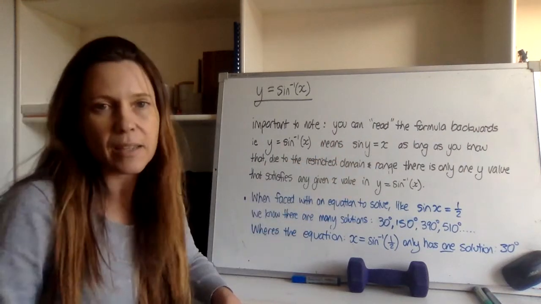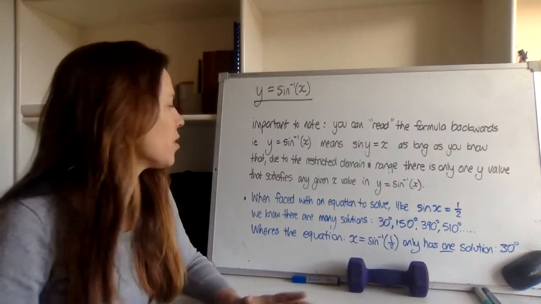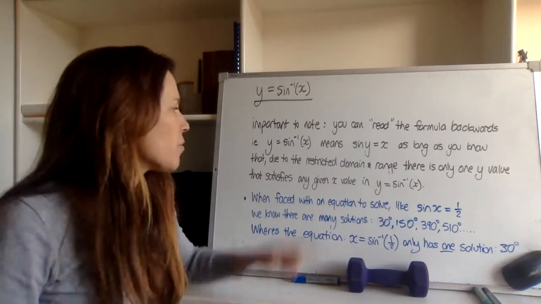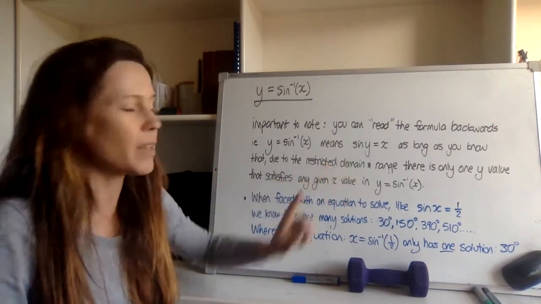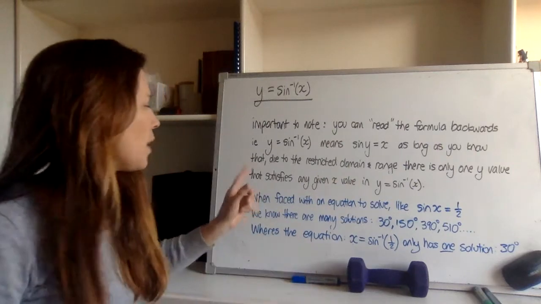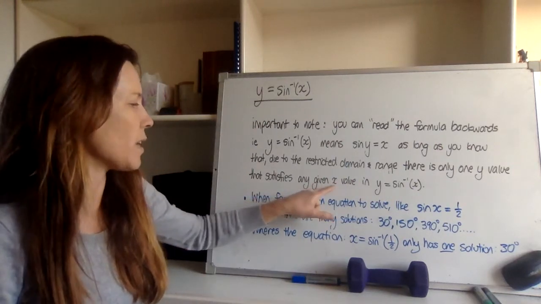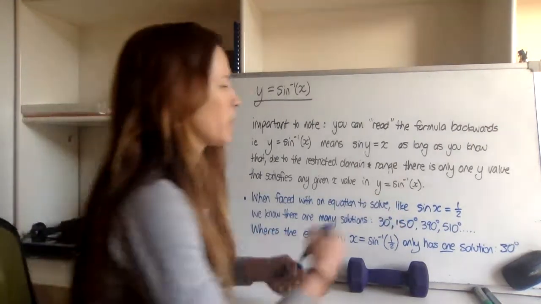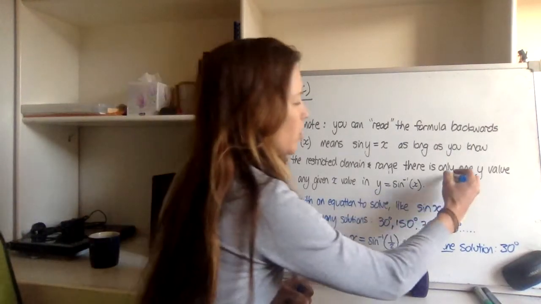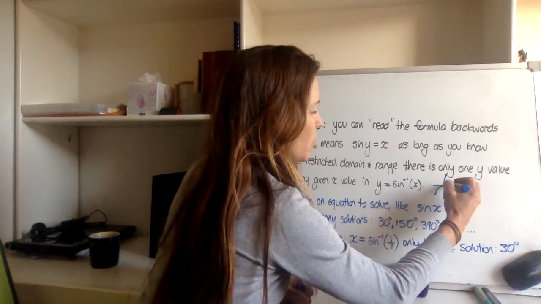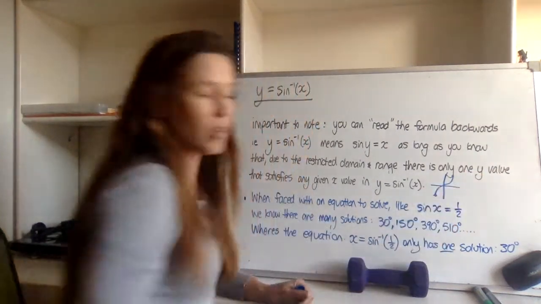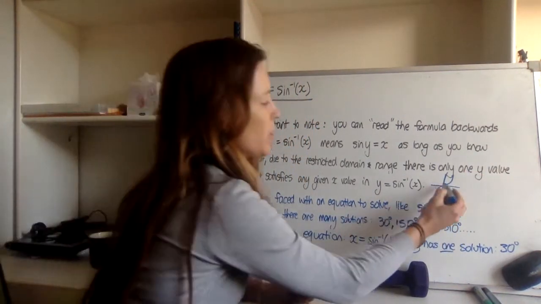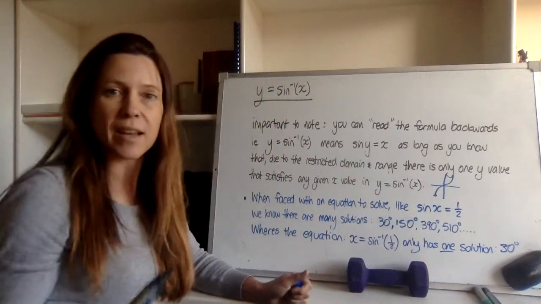Now that's okay, but word of caution, as long as you know that due to the restricted domain and range, there's actually only one y value that satisfies any given x value in this. Now, why is that? Well, because by definition, this function doesn't go on and on forever. It's just this bit. And you can see that we've got both positive and negative values of x and y.